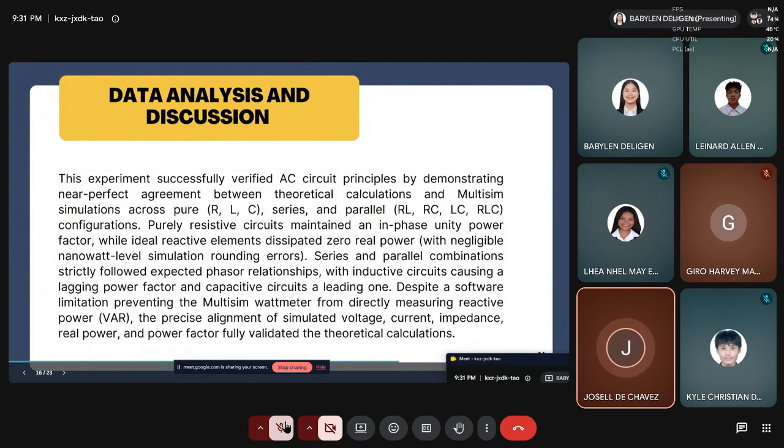Series and parallel combinations strictly followed expected phasor relationships, with inductive circuits causing a lagging power factor and capacitive circuits a leading one, despite the software limitation preventing the Multisim wattmeter from directly measuring reactive power, VAR. The precise alignment of simulated voltage, current, impedance, real power, and power factor fully validated the theoretical calculations.